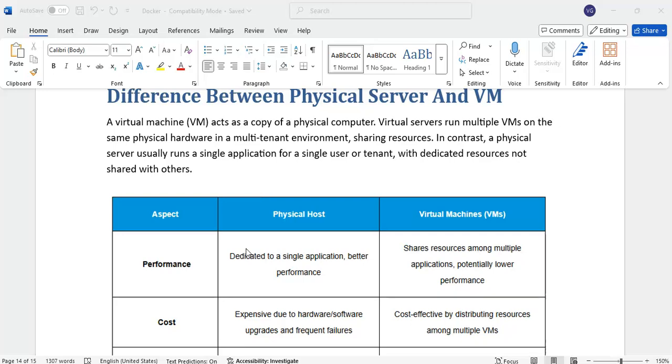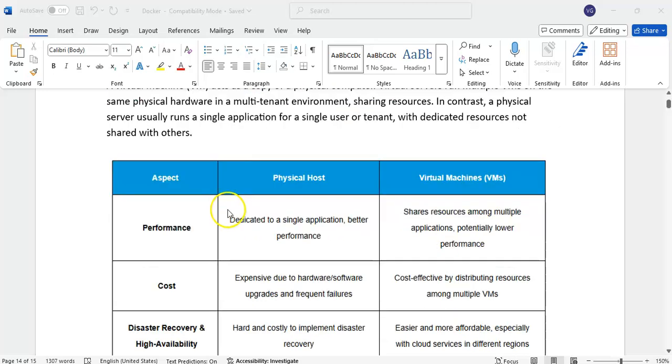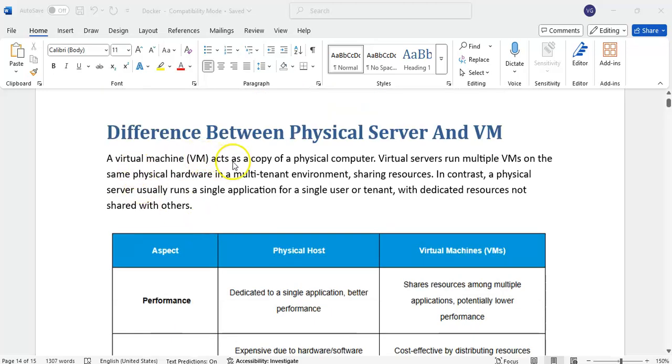On the single machine we can create multiple virtual machines and share hardware and OS with those machines. A virtual machine acts as a copy of a physical computer.